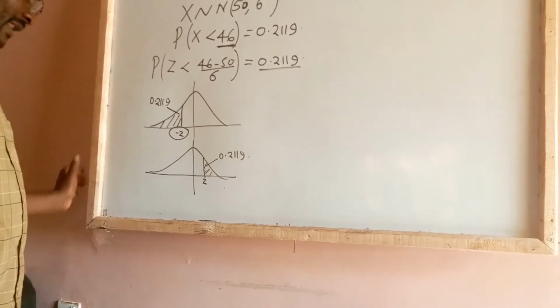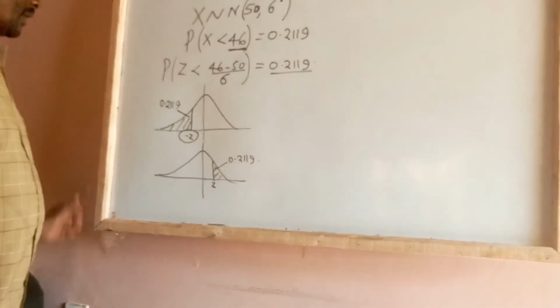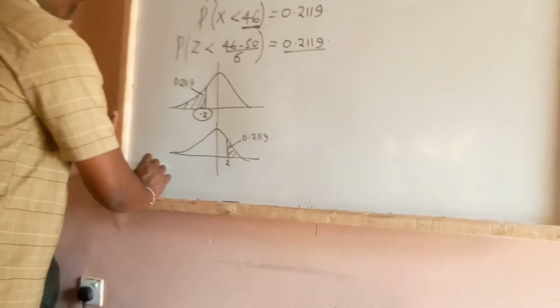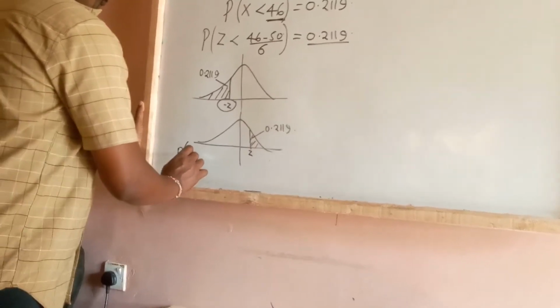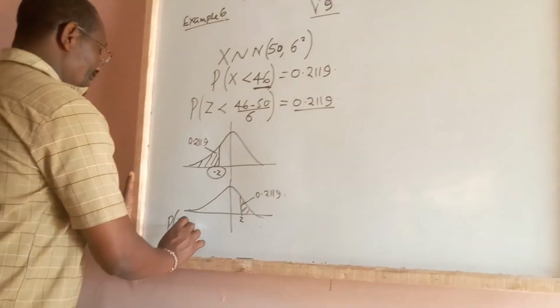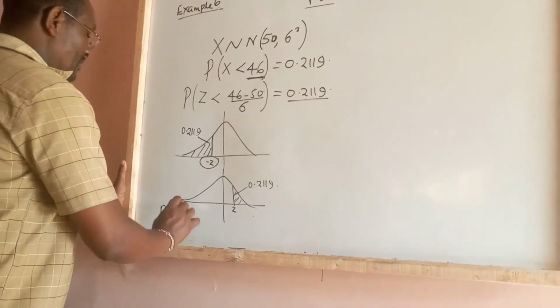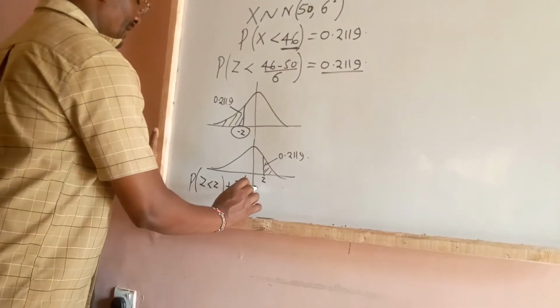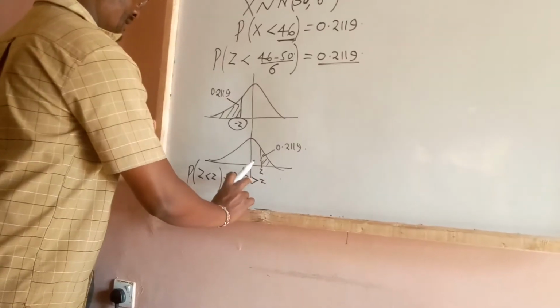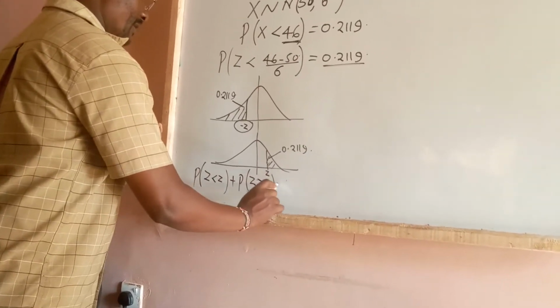So if we're looking at that, the probability of z less than z, this boundary, plus the probability of z greater than z is equal to 1.